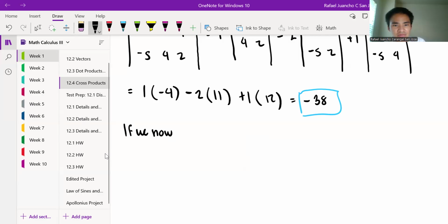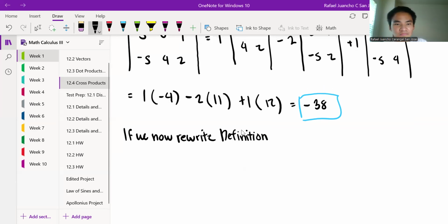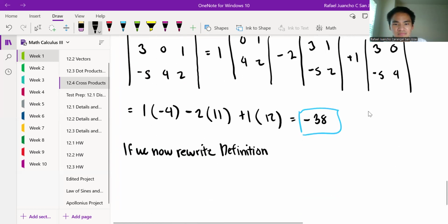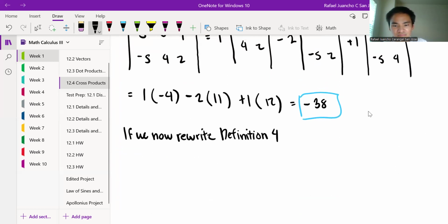If we now rewrite definition 4, which is this one, using second order determinants, right?